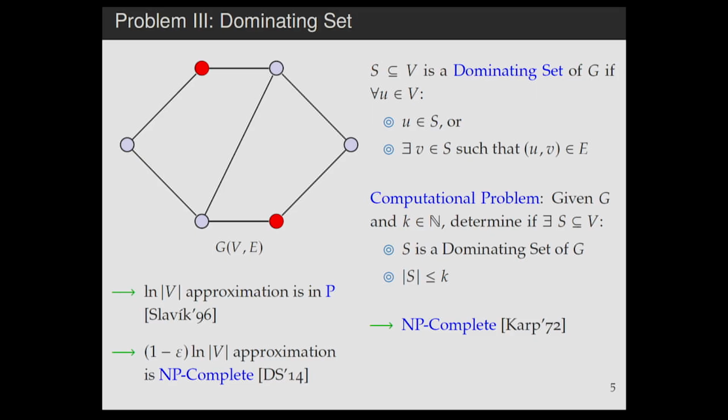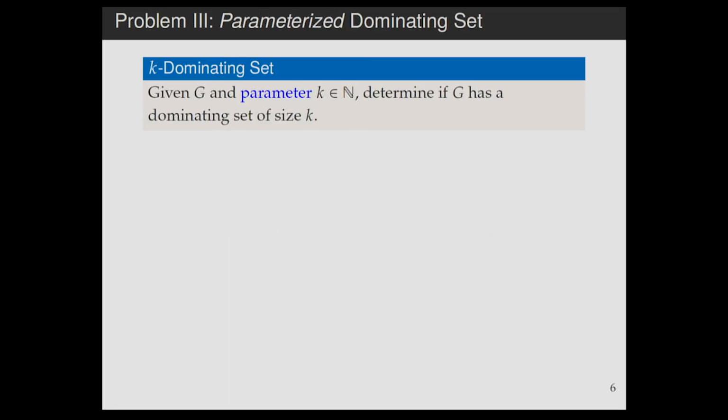So that's the NP setting, the non-parameterized setting. Now you can ask the parameterized setting, where you parameterize by the optimum, k. And again, this just means that instead of looking for a polynomial time algorithm, you want FPT algorithms which run in some t(k) times poly(n) time for some function t.